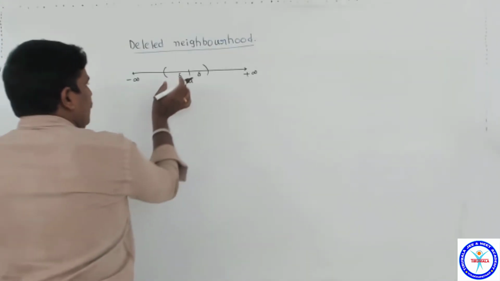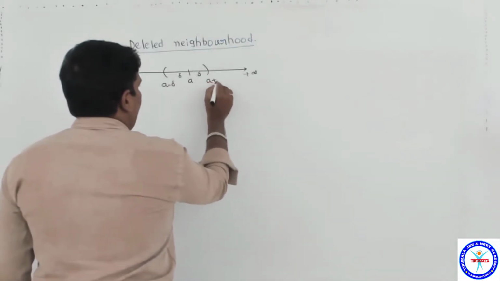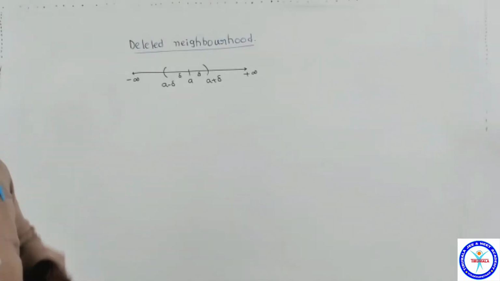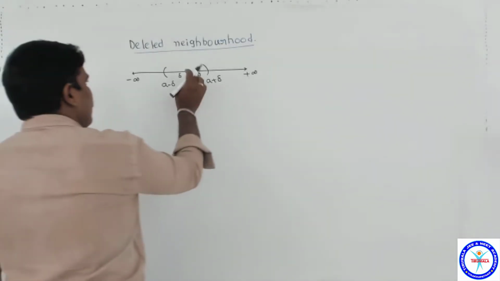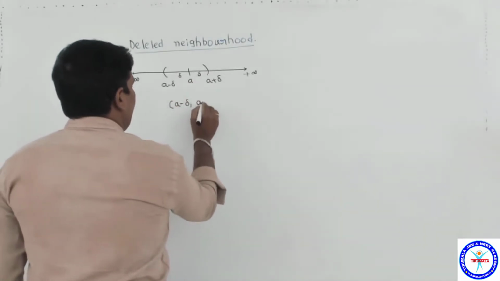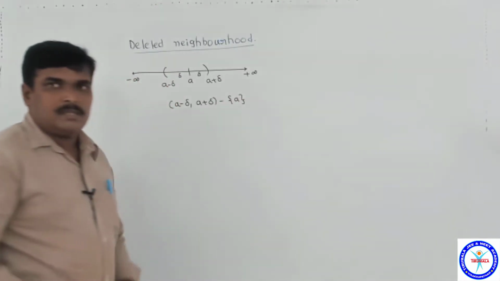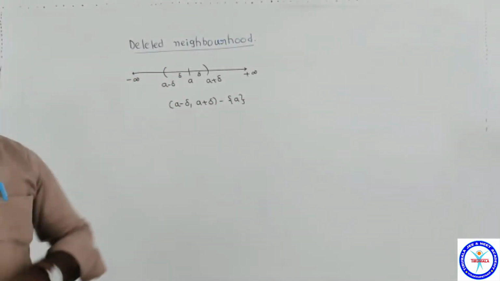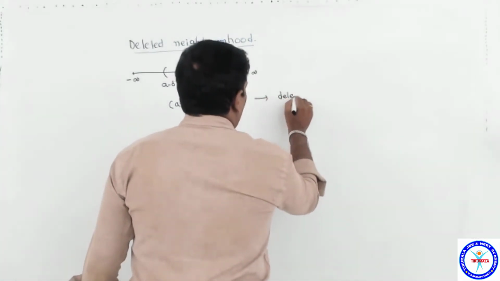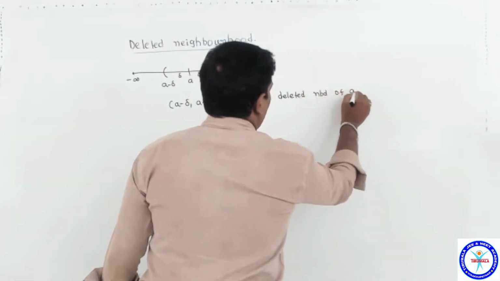So if you take a distance delta, then the left point is A minus delta and the right point is A plus delta. This is the neighborhood of A. Now eliminate the center point A from this neighborhood. That means (A minus delta, A plus delta) minus the singleton {A}. This is called the deleted neighborhood of A.